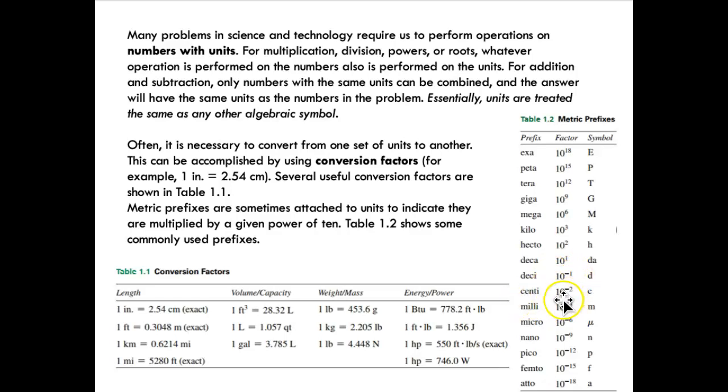Centi is 1/100th, which is 10 to the negative 2, 1 over 10 squared. So when you're doing these problems, you want to go back and refer to these two charts to help you with the conversion facts. And in your e-text or physical textbook, on pages 20 and 21, there are several examples that demonstrate how to convert. I hope this helps.